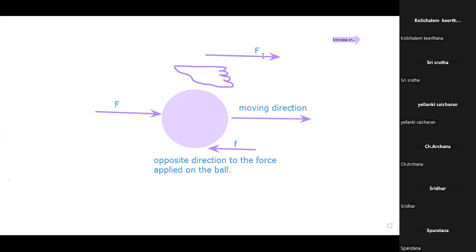But I'm not giving the force; this is not a direction of force. This is the moving direction. I'm giving just the moving direction here. The object is moving in this particular direction.